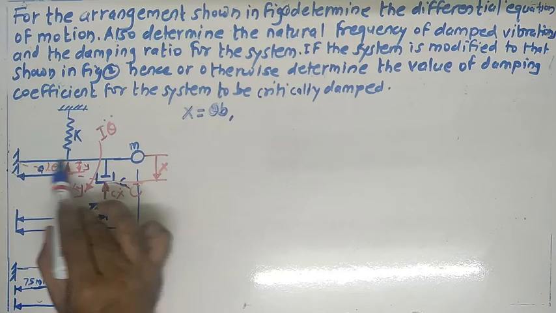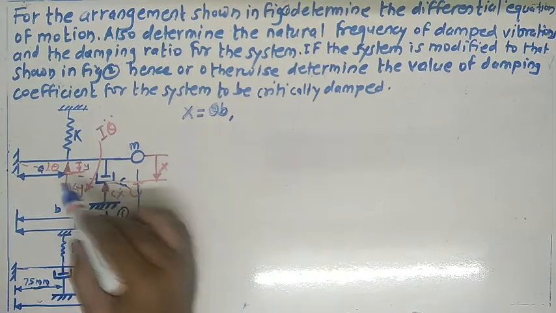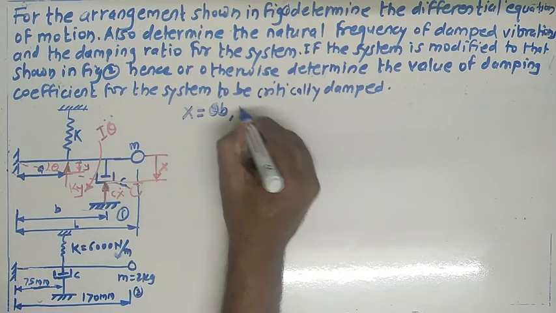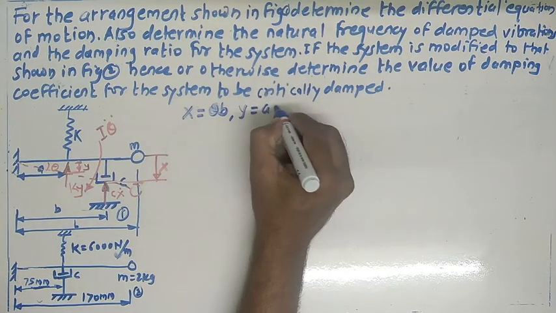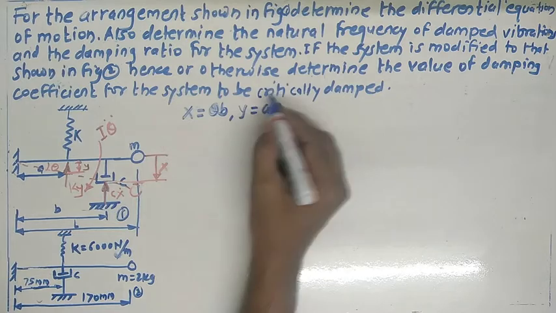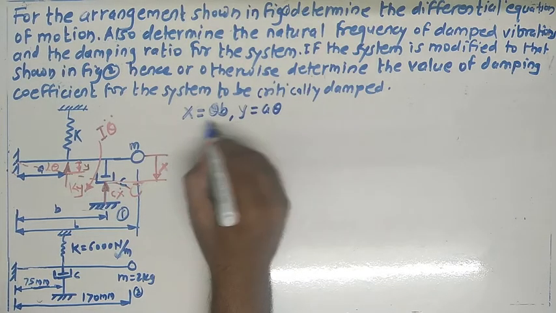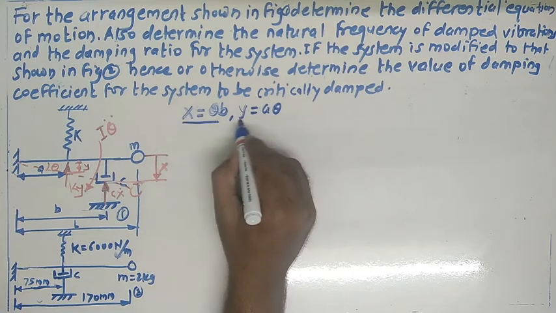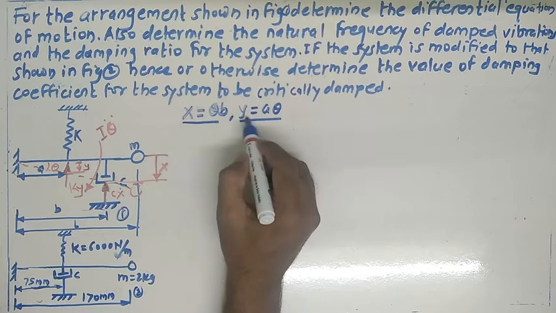For a small angle we can say tan theta equals theta, and we get the relation y equals a into theta. So x equals theta into b and y equals a into theta.